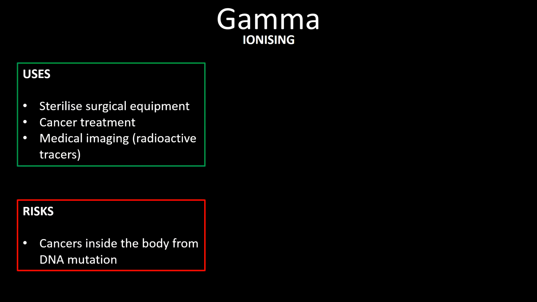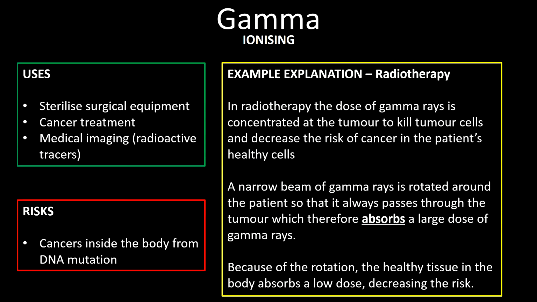Okay. And the final part of the spectrum, gamma, which again is highly ionizing, used to sterilize surgical equipment and for medical imaging, where you inject radioactive tracers inside a person's body, and also for cancer treatment. Now, this is interesting because people say, well, how come if one of the risks of gamma radiation is that you will develop cancers, why is it used for cancer treatment? And it's all to do with dose. If you have a really high dose of radiation, then you can actually completely kill a cancer cell.